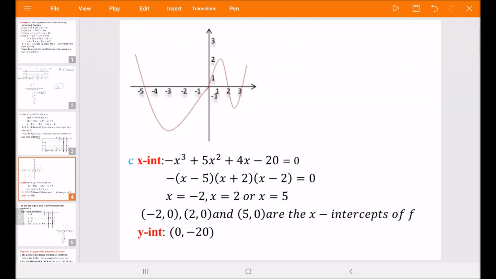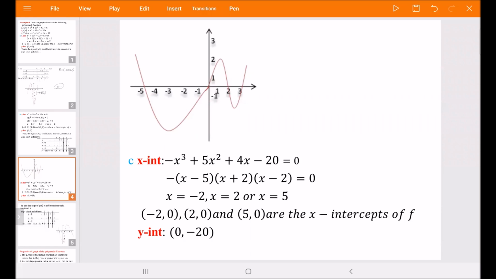Then the y-intercept is simply obtained by making the value of x equal to 0, but there is no need to make any calculation. Simply take the first component of the point as 0 and take the constant term, that is -20. Now, when you are sketching the graph of this polynomial, you have to mark these 4 points on the xy coordinate plane. It is a must.